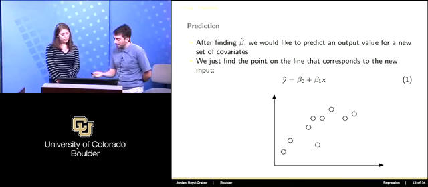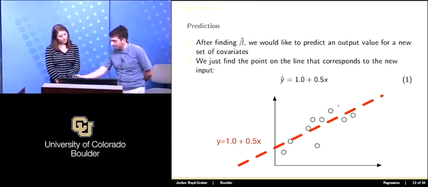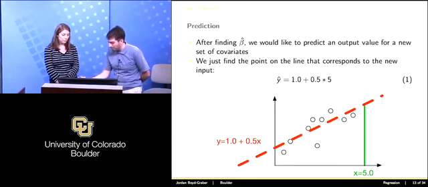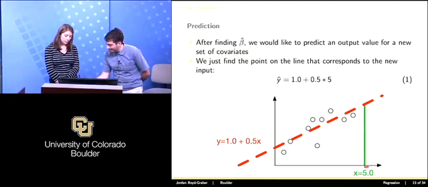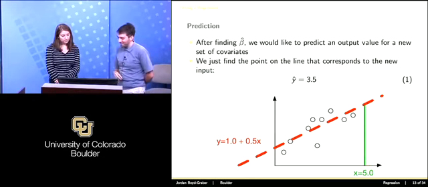And if you want to make a prediction, you take this function, and here's the function written as a line. If you want to predict for a point like 5.0, you find that place on this axis, you go up and see where it hits the line. In this case, it's 3.5.